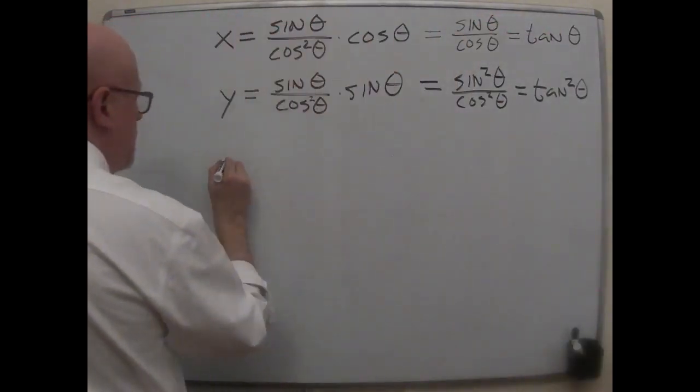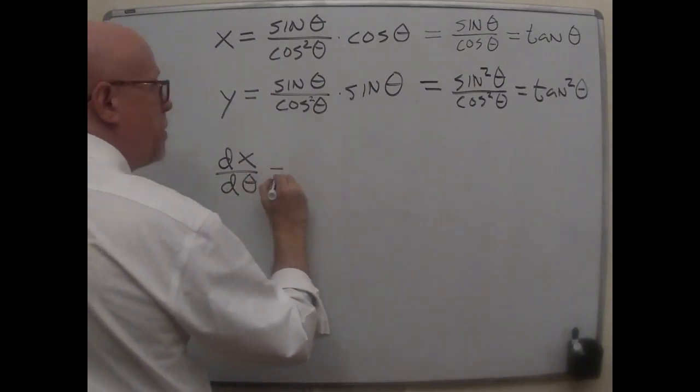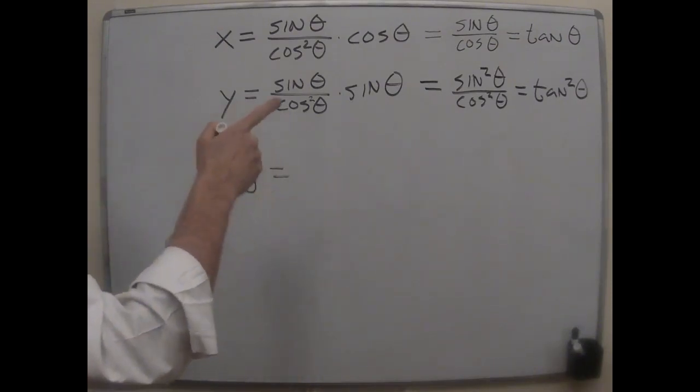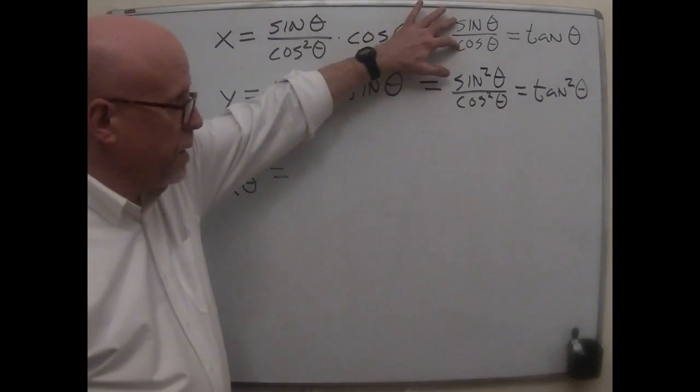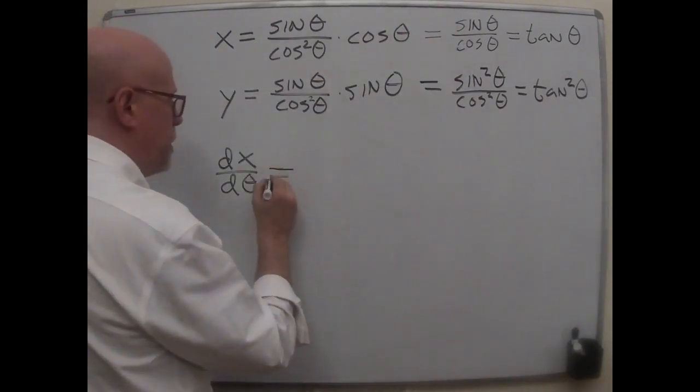So finding dx d theta is just taking the derivative of tangent. Isn't that secant squared? If you can't remember it, you can always stick sine over cosine in and think about the quotient rule, but it really is secant squared.